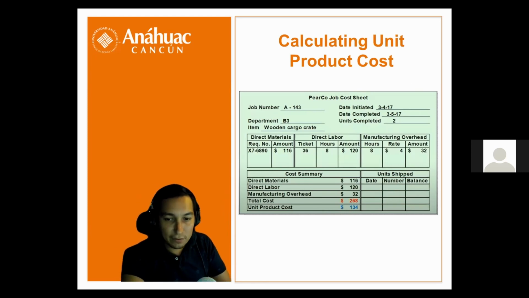And we get a total cost of $268. That was for 2 units, if you read the job sheet carefully. So we could say that our unit product cost is $134.